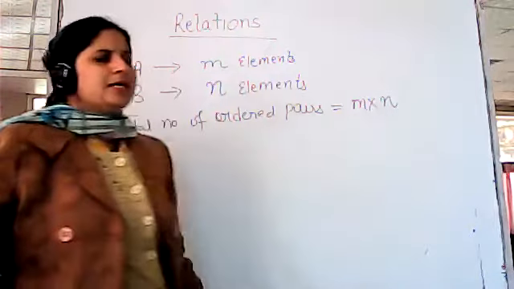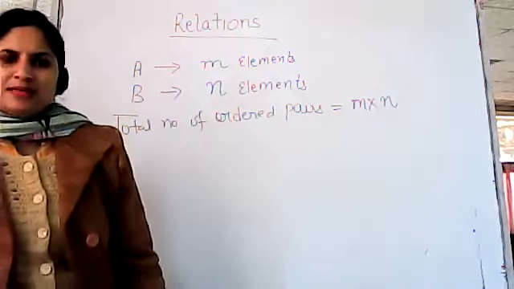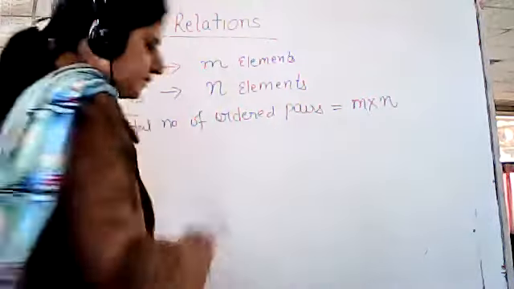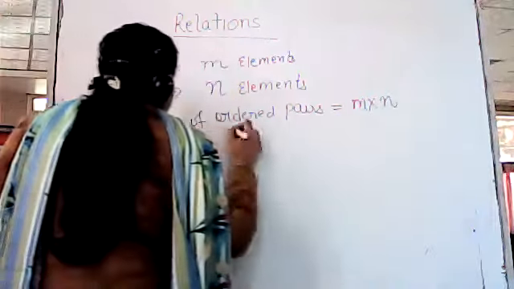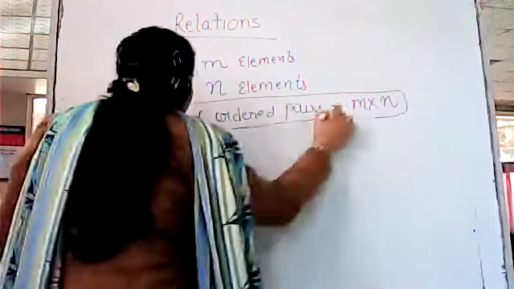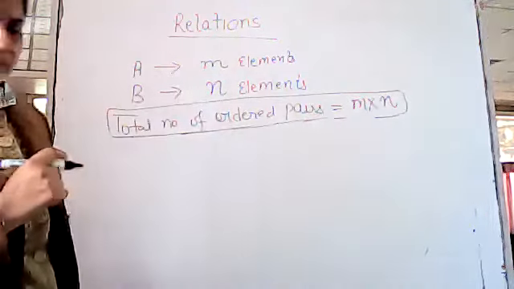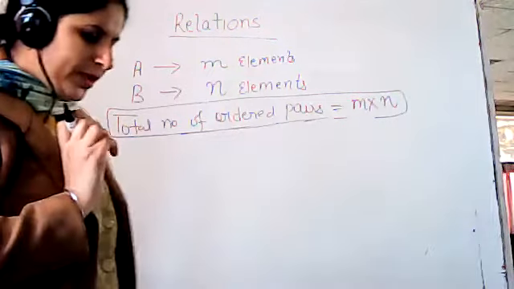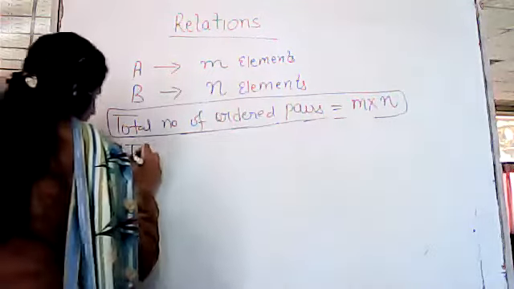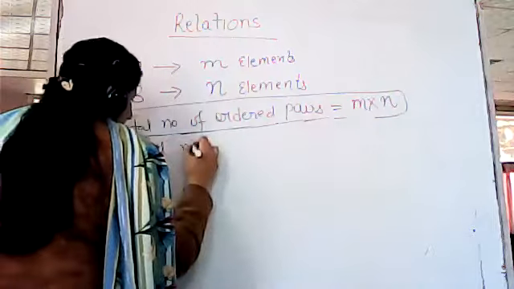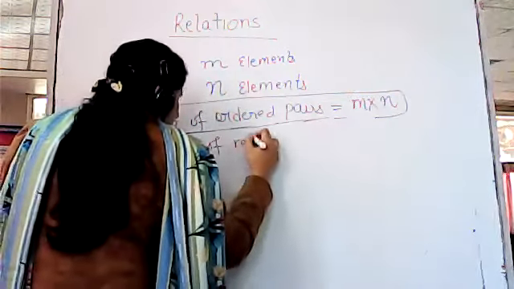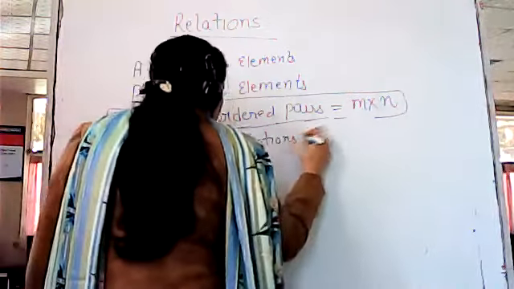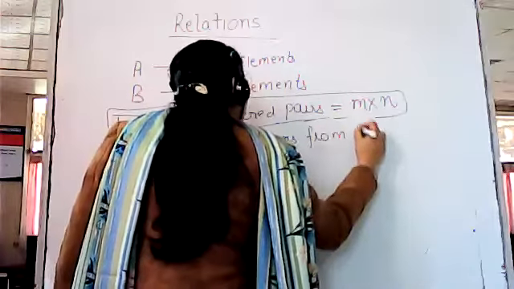And what is n? This is the number of elements present in the second set. Now, this is a very important point, how to calculate the total number of ordered pairs. Now, the next important point is the total number of relations from A to B.